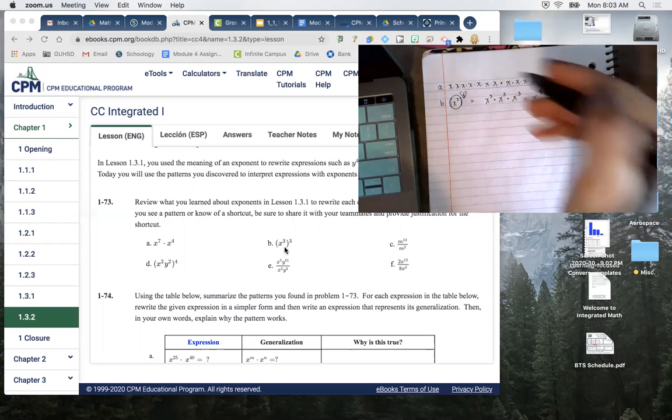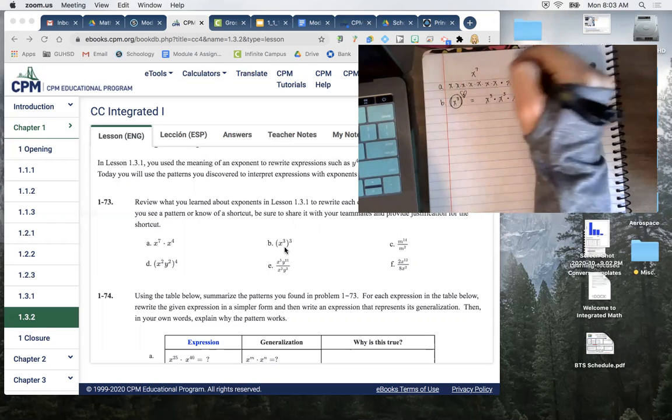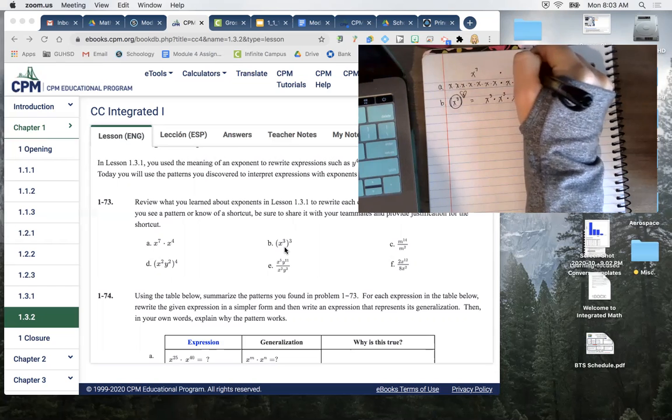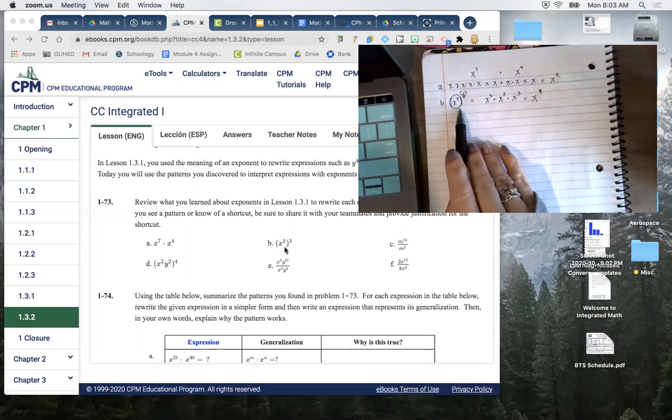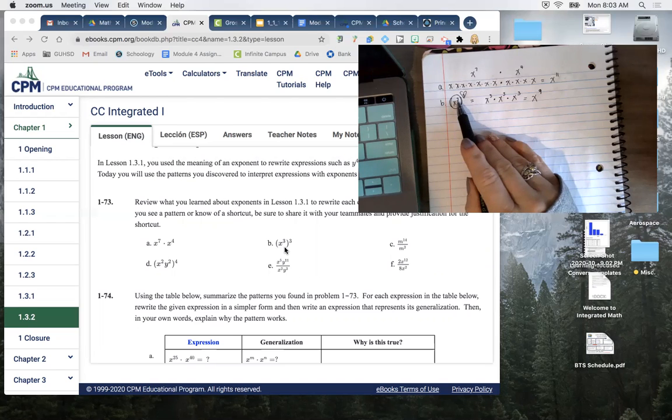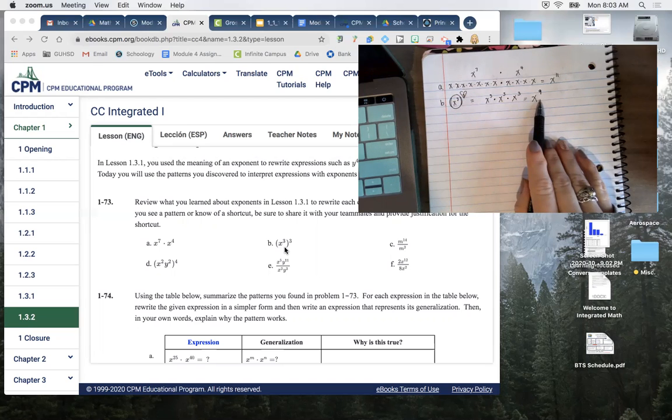In this example, when I had x to the 7th times x to the 4th, all I did was add my exponents. But here, this is called power to a power. I don't add them. I actually end up multiplying them when they're like that. Okay, when there's power to a power, then I end up multiplying.